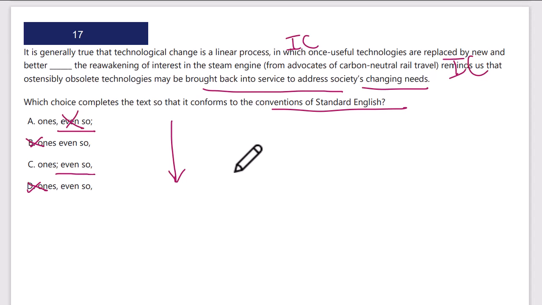It would be new ones, that is new technology, semicolon, even so, the reawakening. So we have the idea that it's a linear process. We always replace old technologies with new, but even so is the contrasting transition that says, here's a case where we actually go back to the old technology to meet our new needs. So I think C is the correct answer. It should be semicolon, then even so.